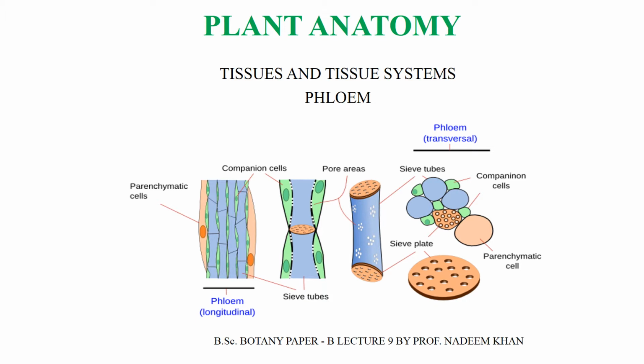As you know, in paper B, we are studying plant anatomy, and in plant anatomy, we have started tissues and tissue systems. We have already studied simple tissues like parenchyma tissue, collenchyma tissue, and sclerenchyma tissue.